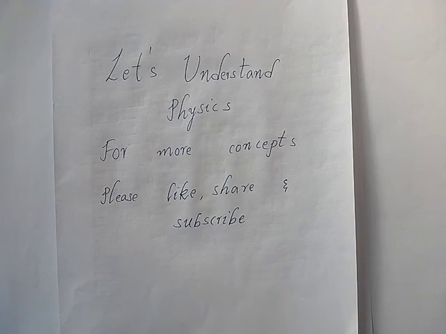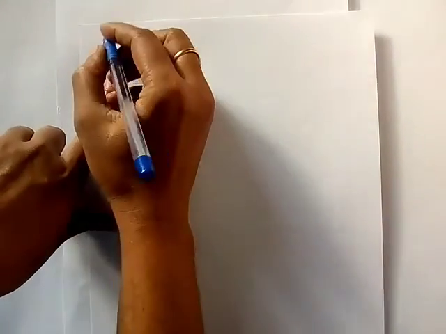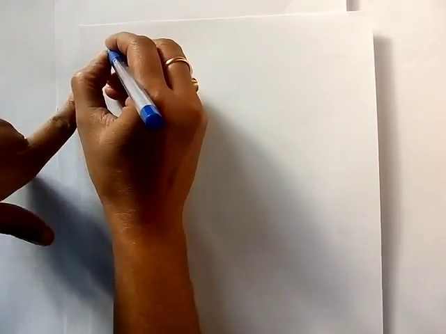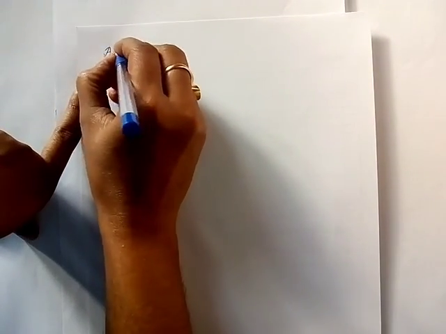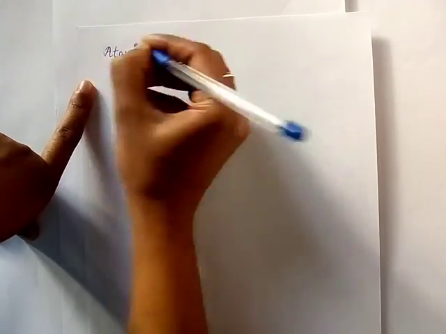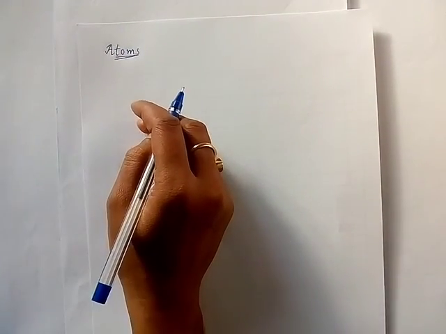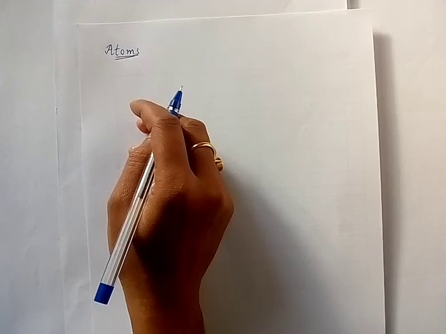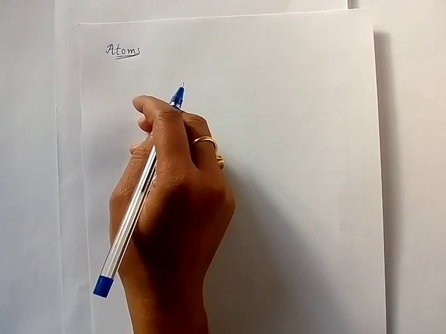You know already that every body is made up of atoms. We are going to learn atoms from the basics now. It will be useful for class 10 and class 12 also.